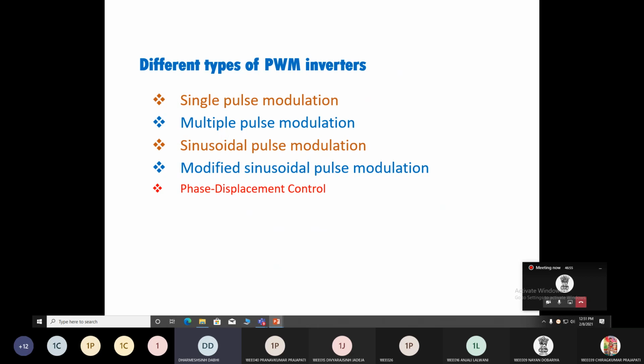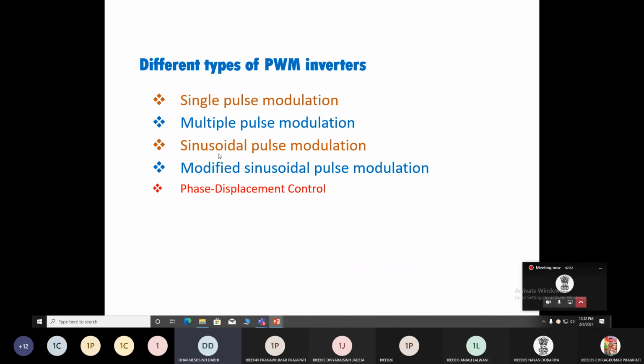By this technique you can reduce the lower order harmonics, and by reducing the lower order harmonics you can reduce the size of the filter. But the problem with this technique is that you get less magnitude of the fundamental component. It means you get less output power, fundamental or useful power. So the efficiency of the inverter is less in multiple pulse width modulation as compared to single pulse width modulation.